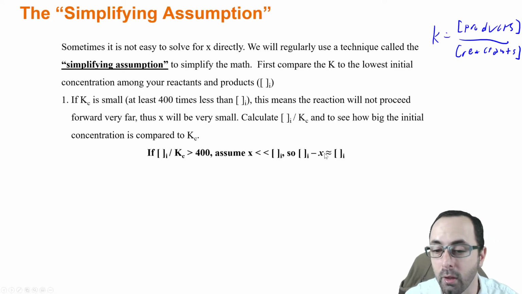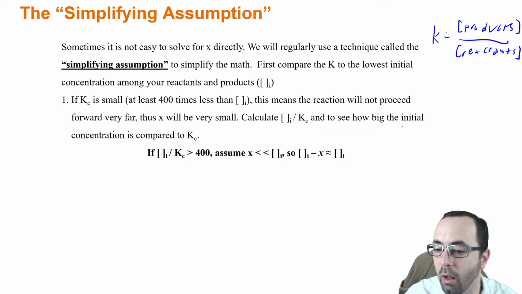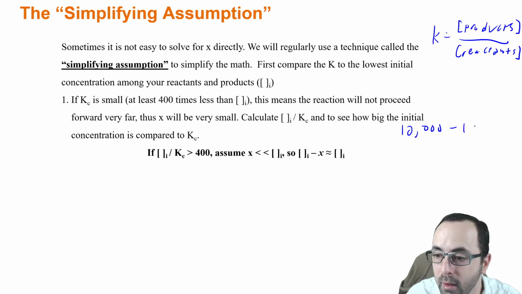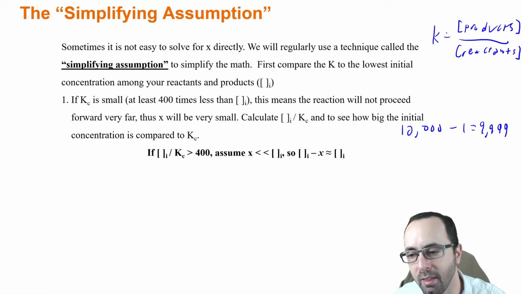So if we are subtracting X from our initial concentration, essentially we're subtracting not a lot. Think of it this way: if your initial concentration is 10,000 and your X is 1, well, then your result is 9,999, which is effectively almost the same as 10,000, right?